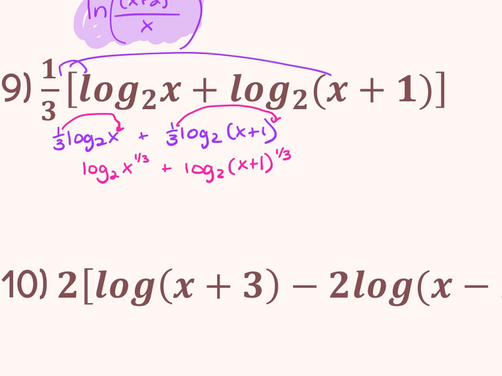Why do they become two? Then what? A cube root. That becomes a cube root. Then what? It's multiplication.